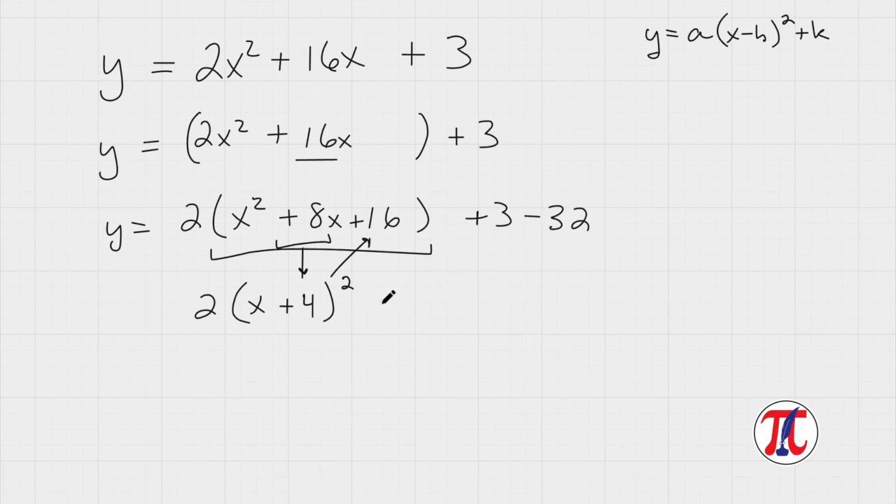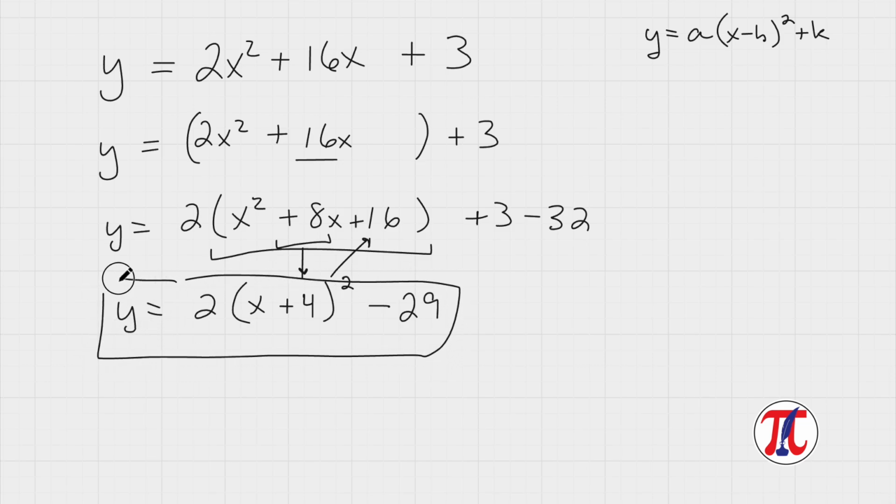Therefore, I have to subtract 32. And when I do that, I get 3 minus 32. Well, 32 minus 3 is 29, so this is negative 29. And now I have it in vertex form, where my vertex is negative 4, because it's the opposite of what's inside the parentheses, comma, negative 29, where my h and k are.